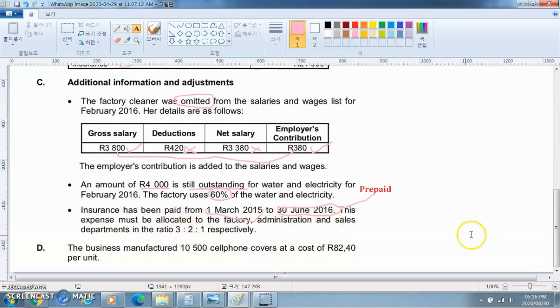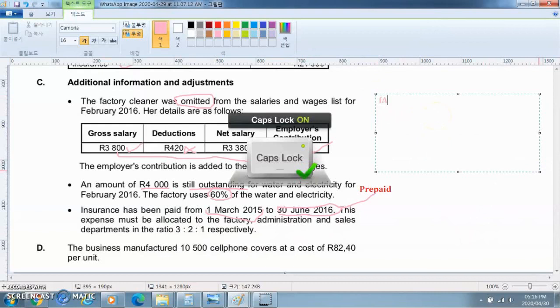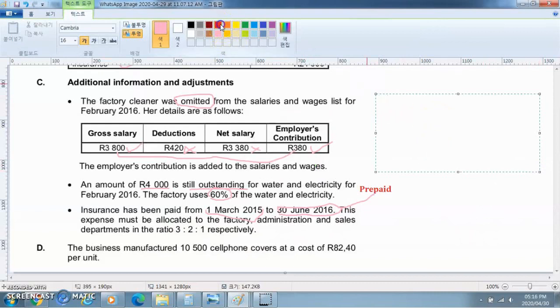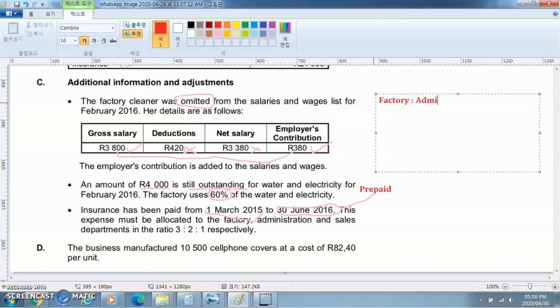If I was to make sense of this, we have factory is to administrative, I'll just write admin to save space, is to sales. Underneath this, I'll write 3.